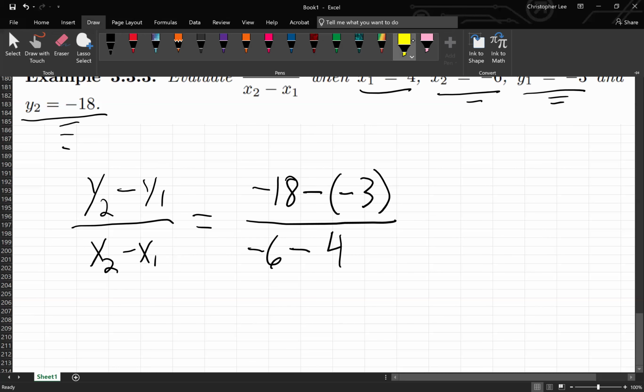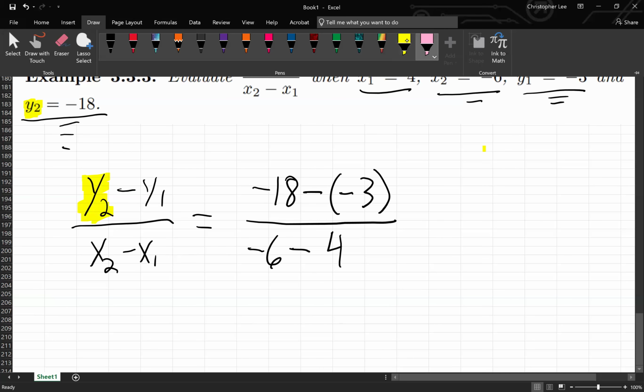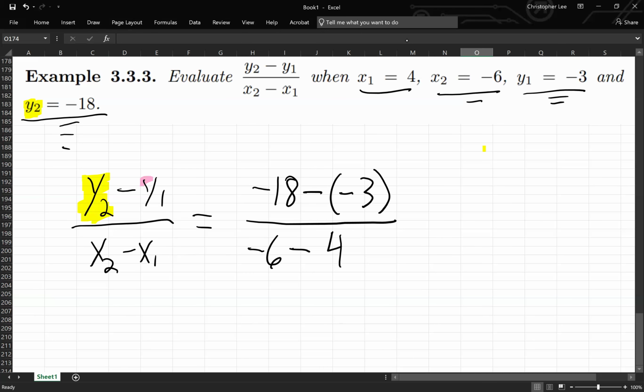So look, in this original formula, the first variable that we have here is Y2. But instead of writing Y2, I'm going to write the number that's associated with Y2, -18. And then the next one is Y1, so I'm not going to write Y1.